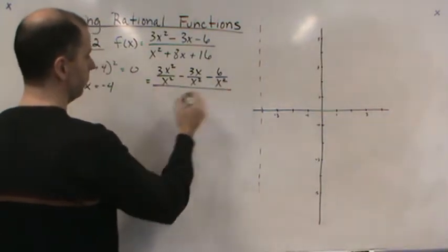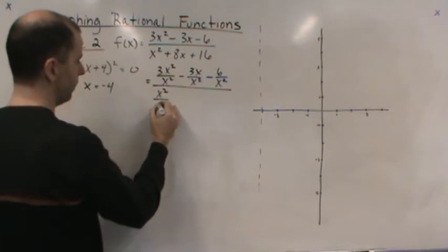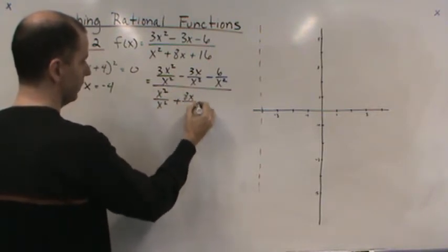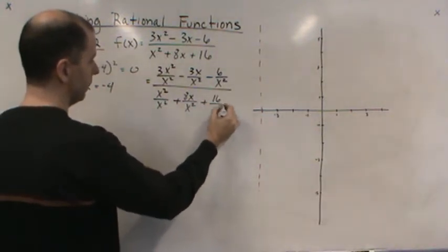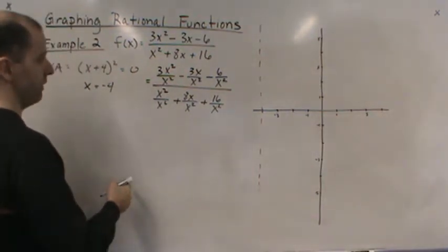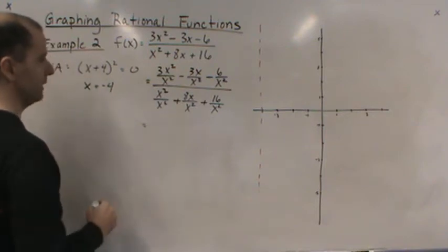That's the numerator. And then in the denominator, we're going to do the same thing. So we're going to get x squared divided by x squared plus 8x divided by x squared plus 16 divided by x squared. So all I did was just divide the top and the bottom by x squared.